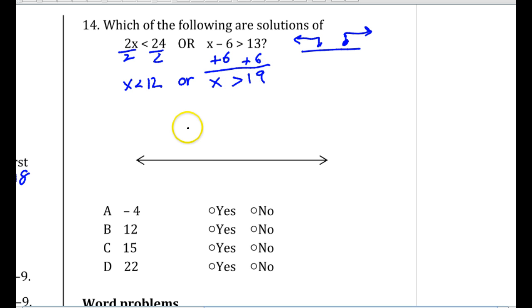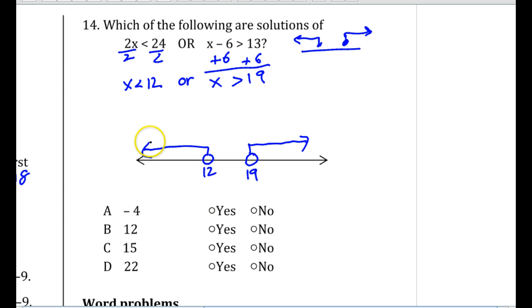So 12 and 19, both open circles. I'll arbitrarily put 12 right here, and we'll put 19 right here. And it's everything less than 12, that's to the left. Everything bigger than 19, that's to the right.